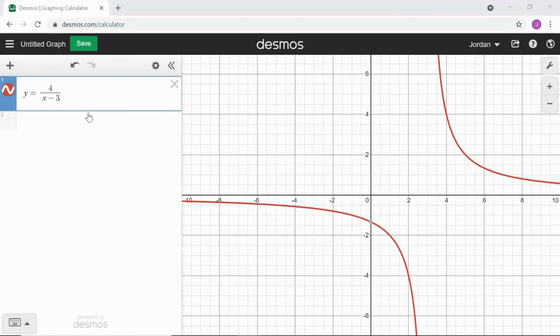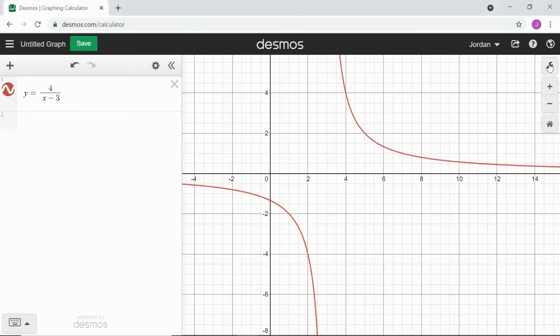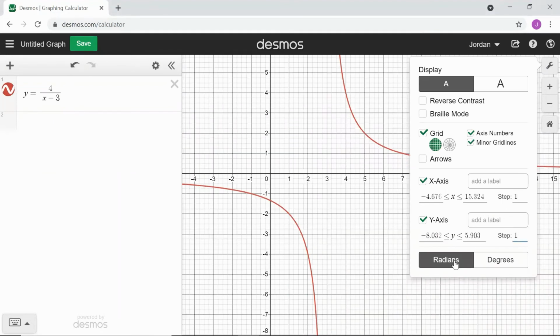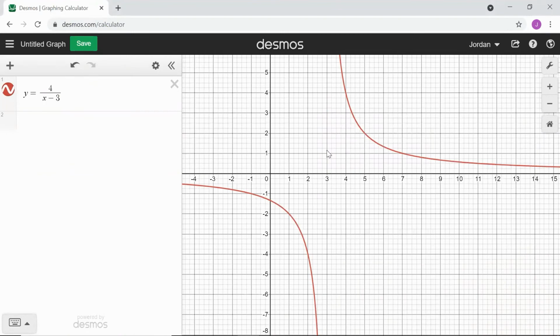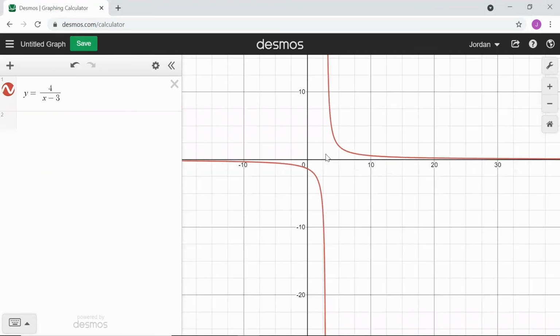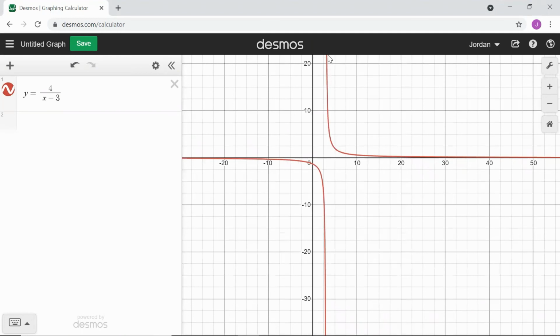Graphically, when you graph this out, create the function y equals 4 over x minus 3, you get this graph. And if you scroll out enough, you can see that this graph, as you approach from the right, shoots off to infinity.